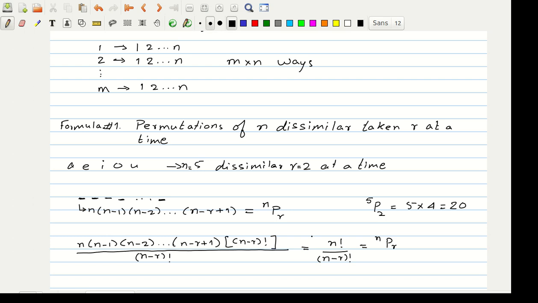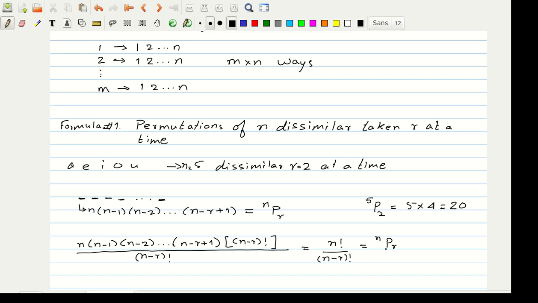So this is nPr. This is the first formula that we have derived: if we want to arrange n dissimilar things taken r at a time, then all we have to do is calculate n permutation r, and this value will be equal to either n times n minus 1 all the way up to r terms, or n factorial divided by n minus r factorial.